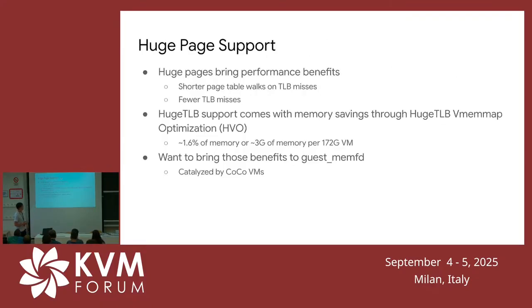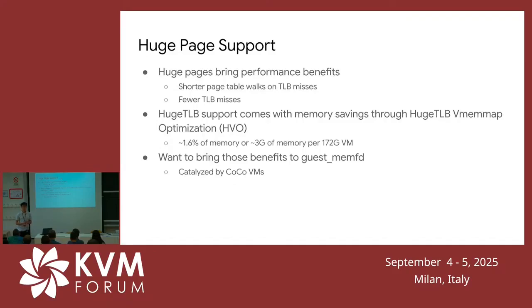As for huge page support, we are interested in this because huge pages bring performance benefits in the form of shorter page table walks on TLB misses, and ideally there should be fewer TLB misses. In addition, if we take huge pages from huge TLB, then we also gain huge TLB VMAP optimization, which is 1.6% of the memory. So 1.6% sounds like a small percentage, but actually for a huge VM, it can come up to gigabytes of memory, which is really valuable to us.